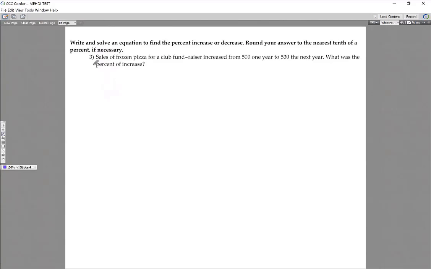So we're told to solve for the percent of increase. So we know that it changed from 500 to 530 frozen pizzas being sold.